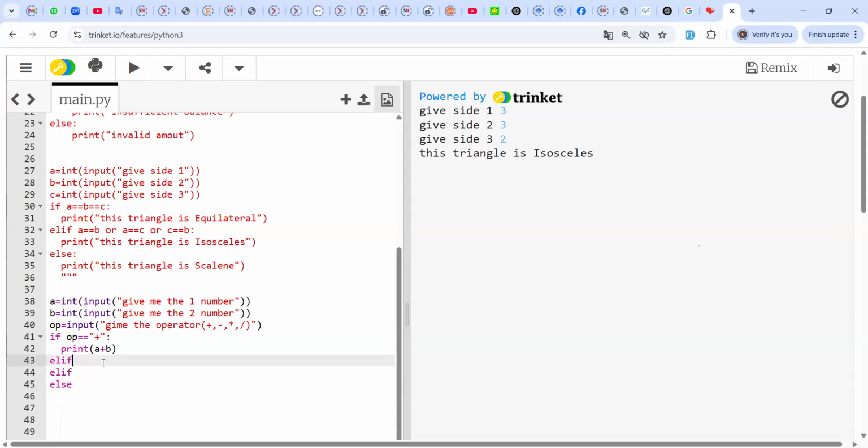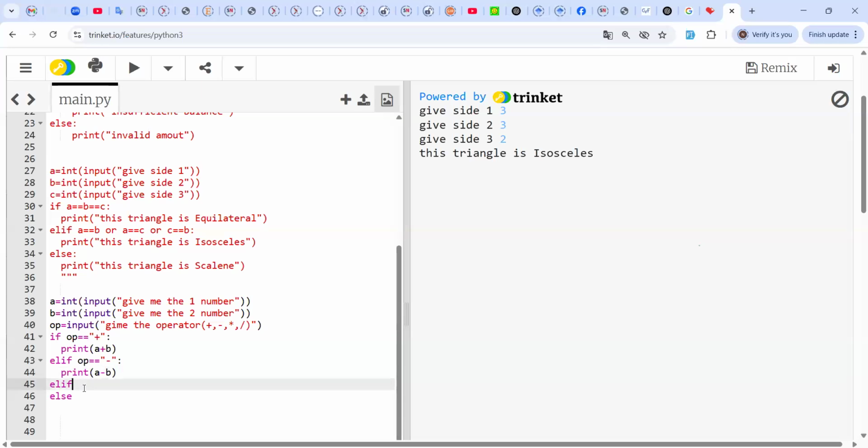So for this one, we test if the operator is equal to minus, and we need to print A minus B.